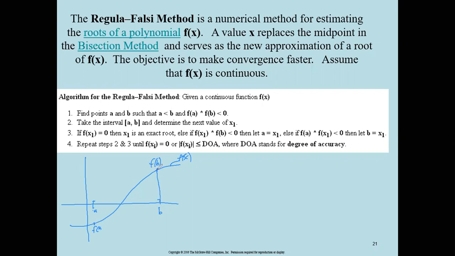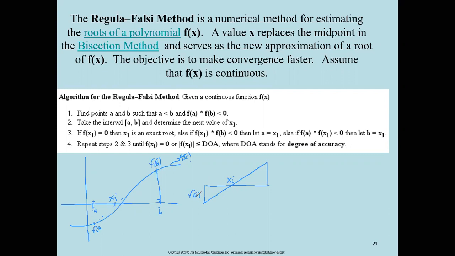So by connecting these two, we can determine the next value of x. We can call the next value of x as x of i, no? So using similar triangles, we can determine the formula for x of i.